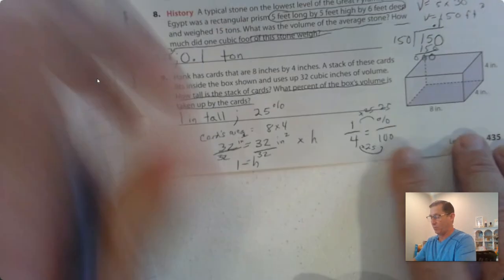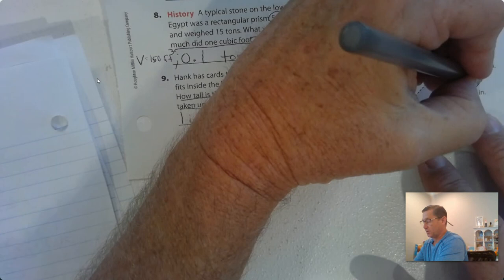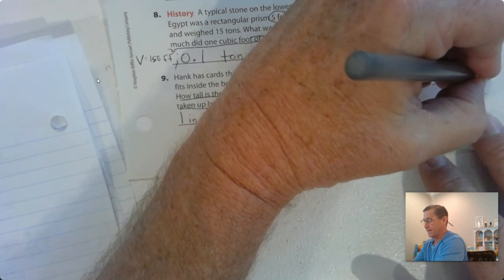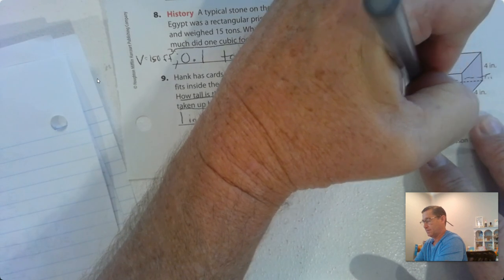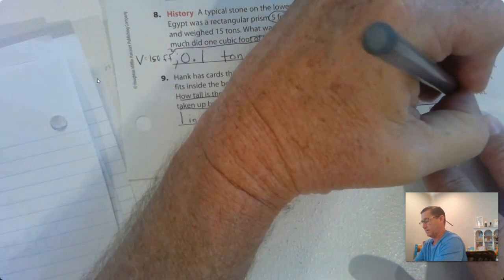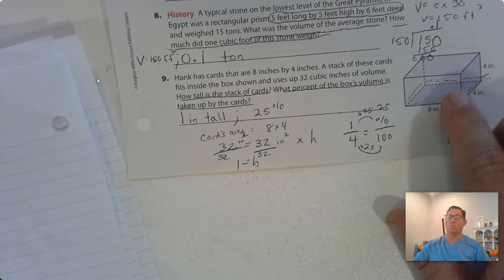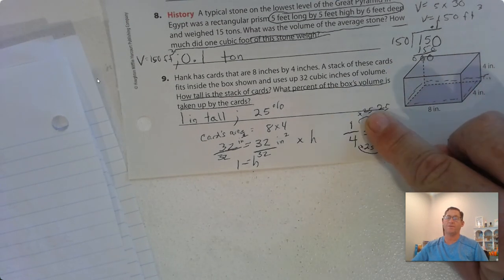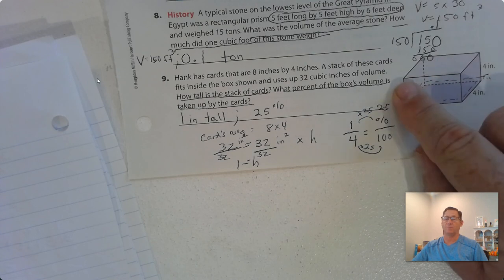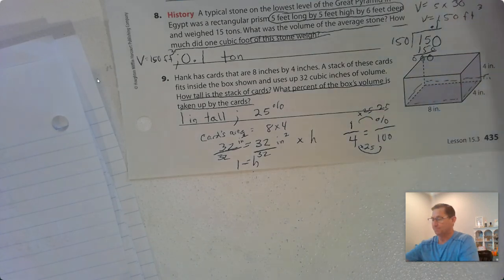Okay, how did I get 1/4? Because the cards only take up 1 inch. Okay, so the cards are 1 inch high out of the 4 inches. So 1/4 of the level or the whole box is taken up.